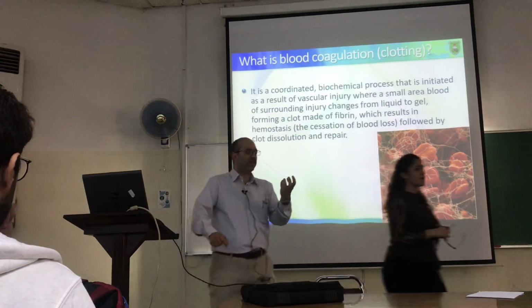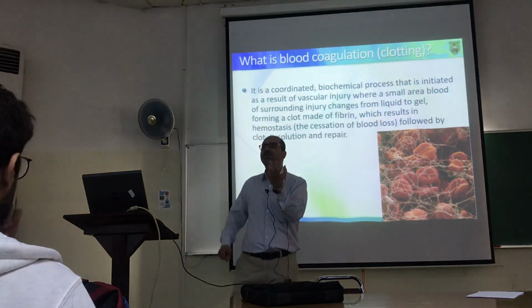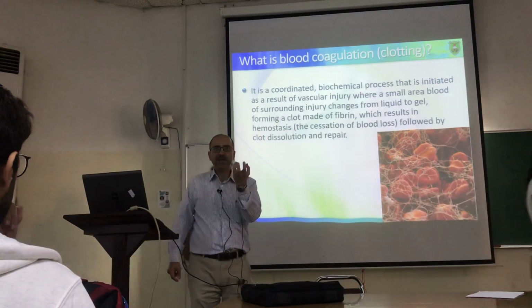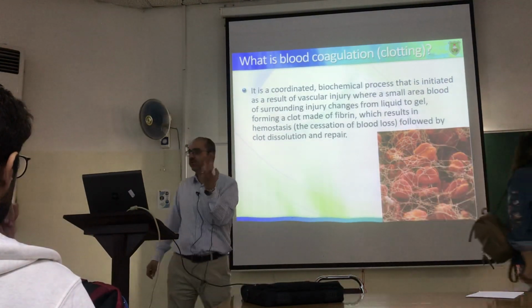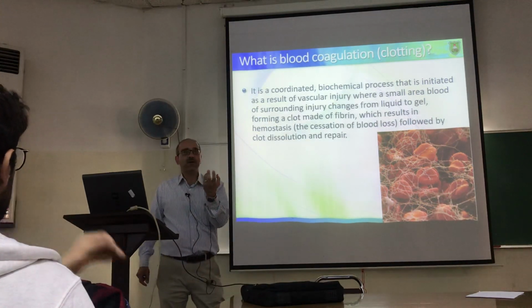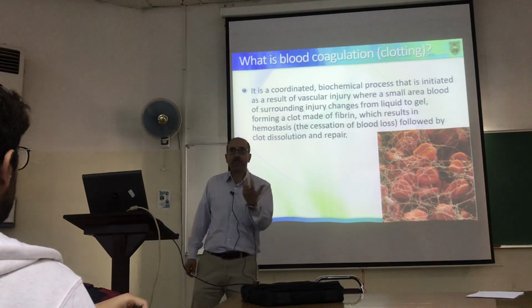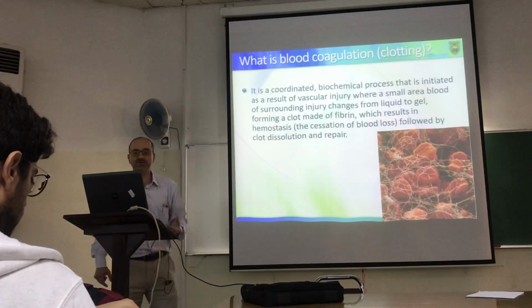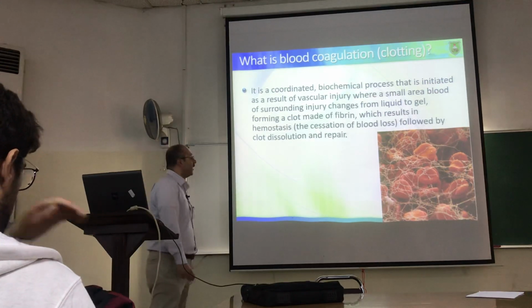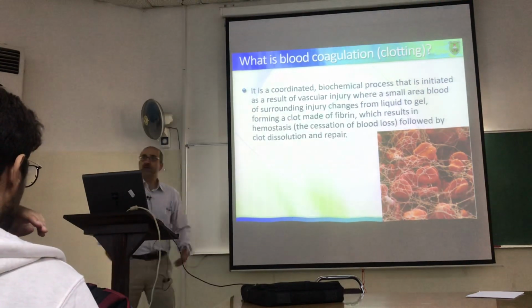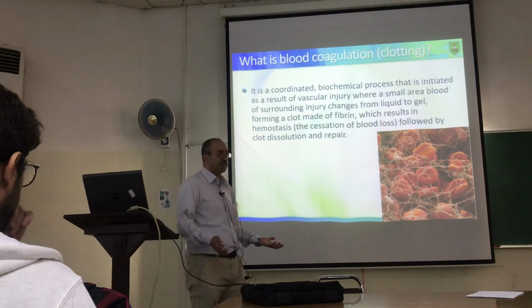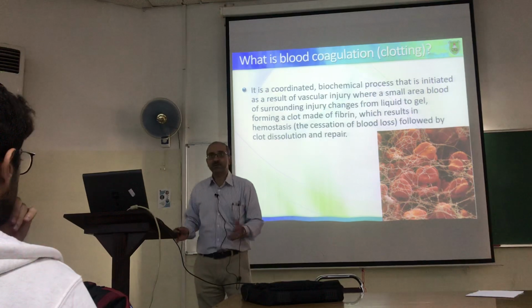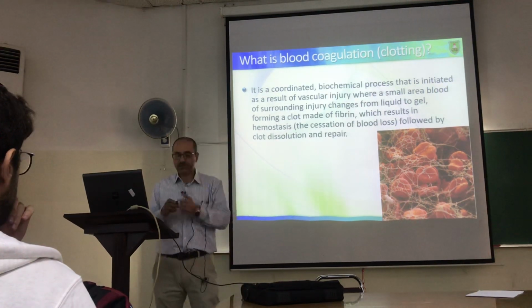The liquid form of blood transforms into a gel, and this gel becomes solid, preventing bleeding, resulting in what we know as hemostasis or cessation of blood loss. This is followed by repair of the injury site plus dissolution, removal of the clot. So it is really coordinated.